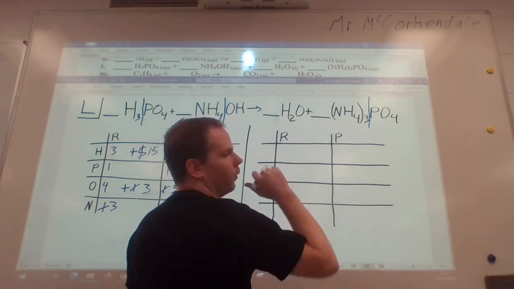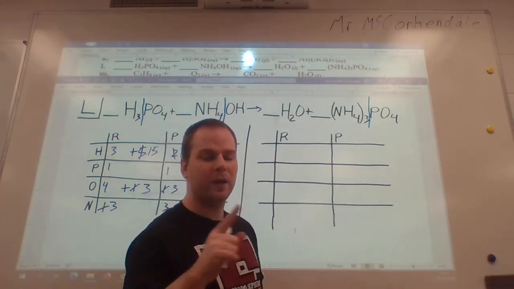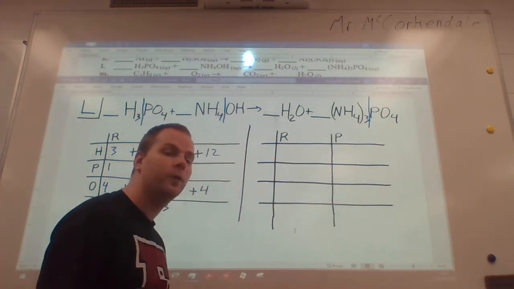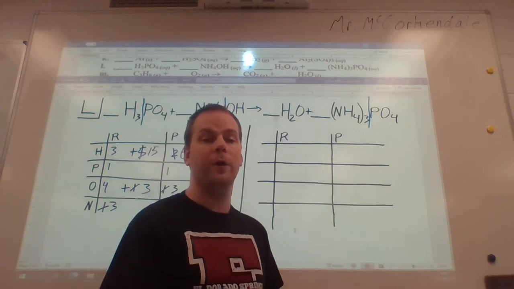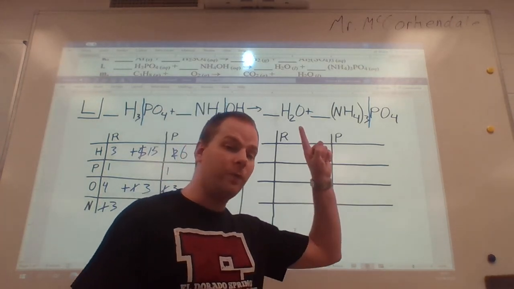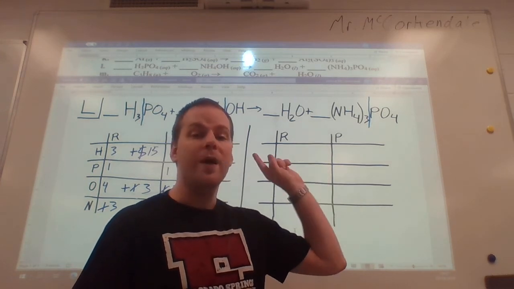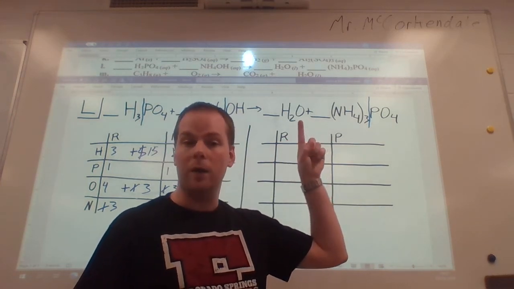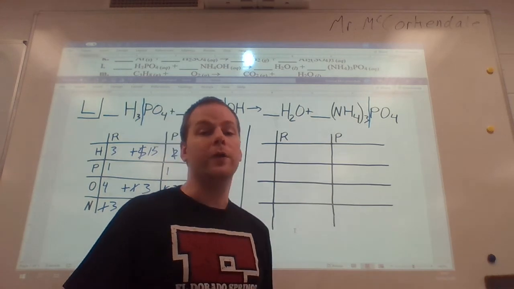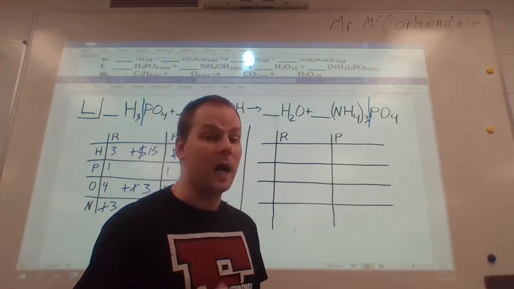Water is different, though. Water's a little bit of a pain, and that's because this is the first time we've run into the ionic formula for water. This is the formula everybody knows and is familiar with, H2O for water. This is the covalent way of writing water's formula. There's another way that is ionic.